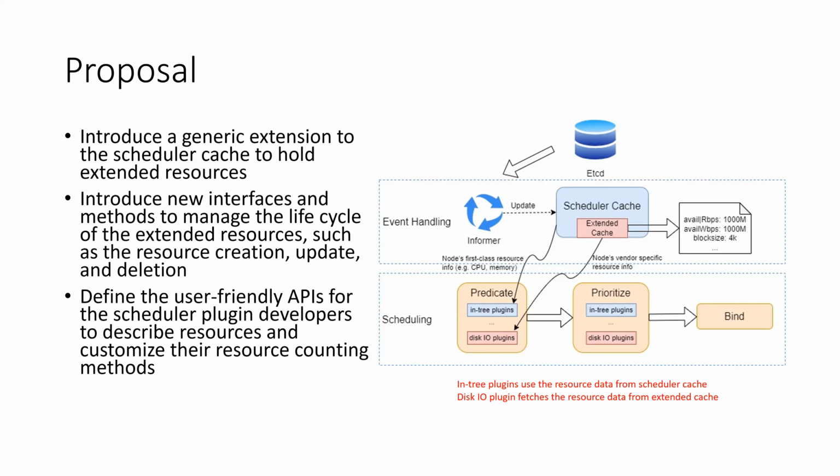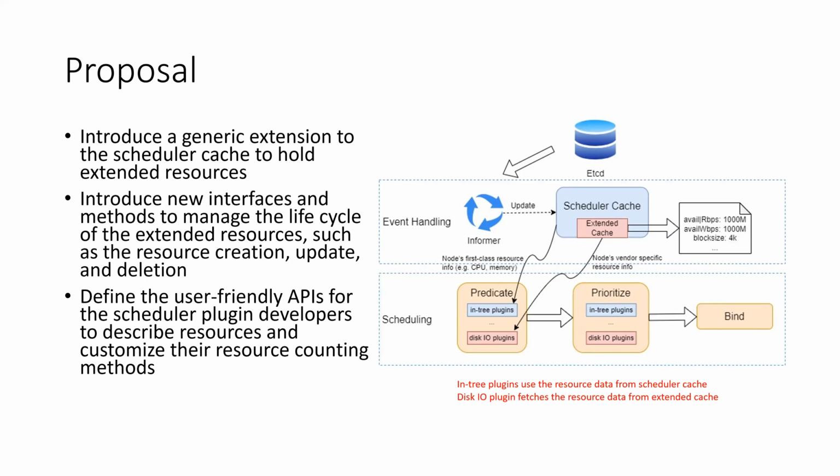Okay, let me proceed with the proposal design. The core idea behind this proposal is to add a cache extension to the current scheduler cache, which is highlighted in red in this diagram on the right hand. Let's take the disk IO aware scheduling plugin as an example.